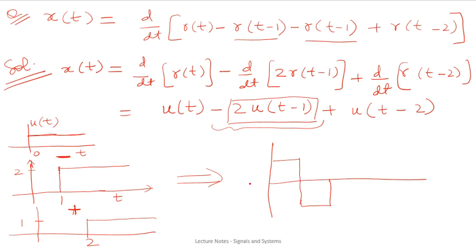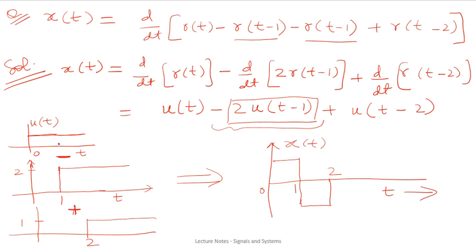So this is 0, this is 1, this is 2, and this is your resultant signal x(t). Obviously, from 0 to 1, since the upper signal is present, this part will come in the resultant.